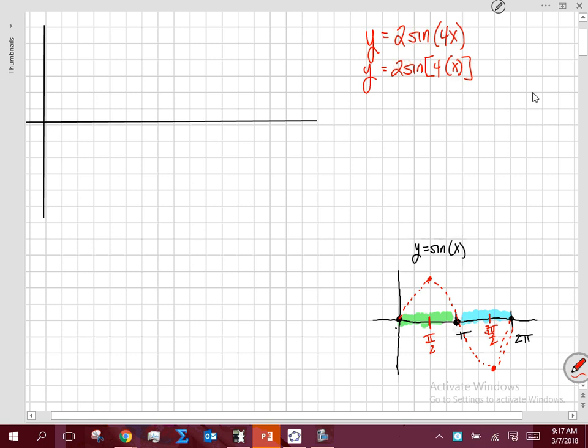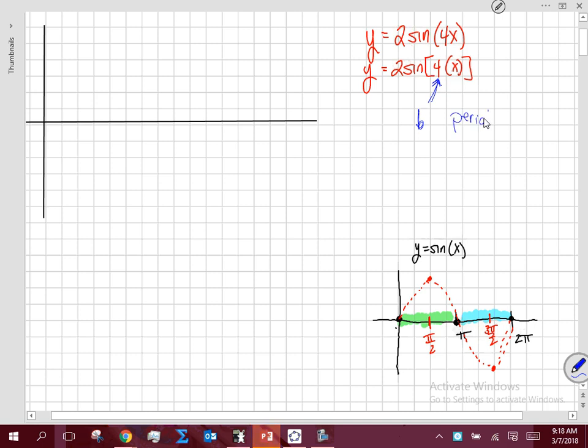Graphing 2 sine of 4x. I think the first thing you guys are probably going to want to do is look at that value there, that 4, and we know that's what we're calling b, from our general format of a sinusoidal graph. And that is going to impact your period, right?